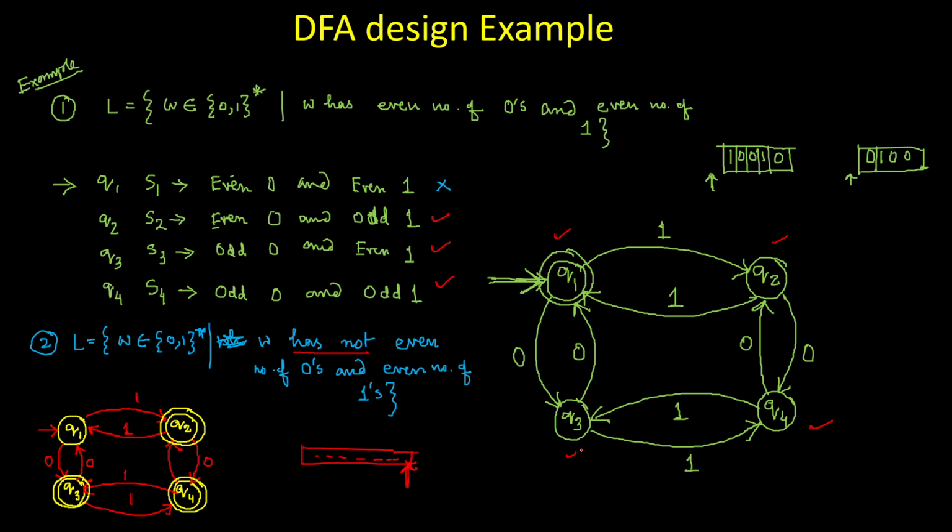That means the number of states here equals 4, number of transitions per state equals 2. Why? Because sigma contains 0 and 1.